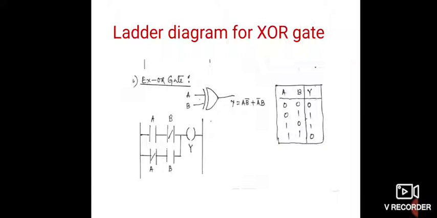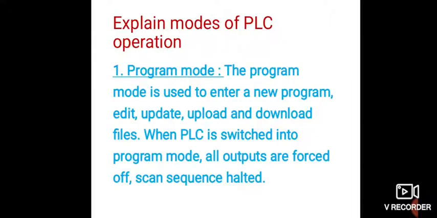A is 0 and B is 1 is referred to as A bar B, and A is 1 and B is 0 is referred to as A B bar. The ladder diagram is drawn as shown in the figure.